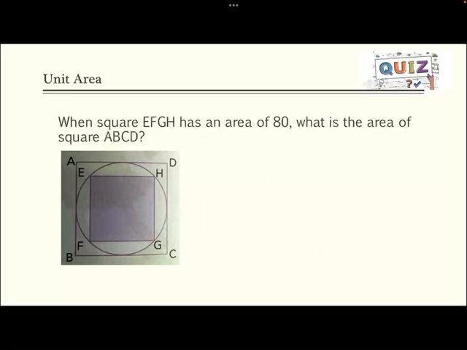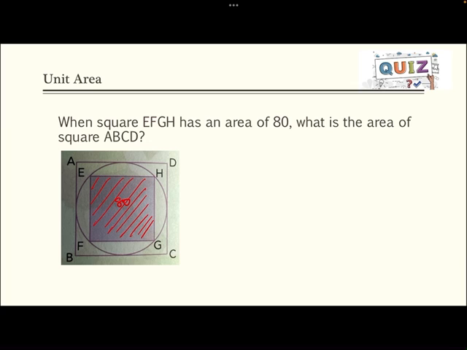So let's look at it. The square EFGH, which is the one inside here, has an area of 80. Now they ask us what's the area of ABCD, which is the outer one.